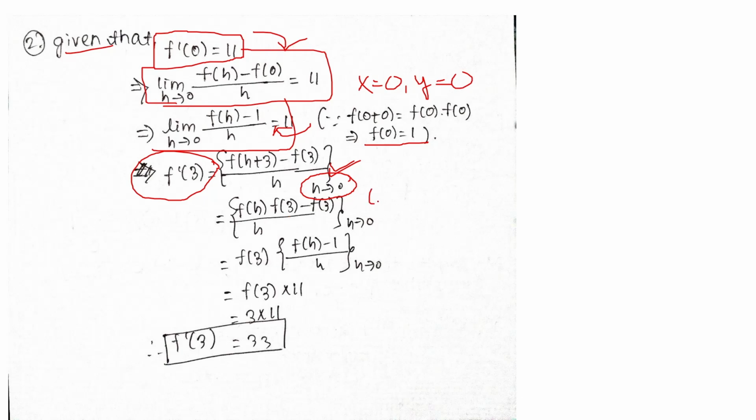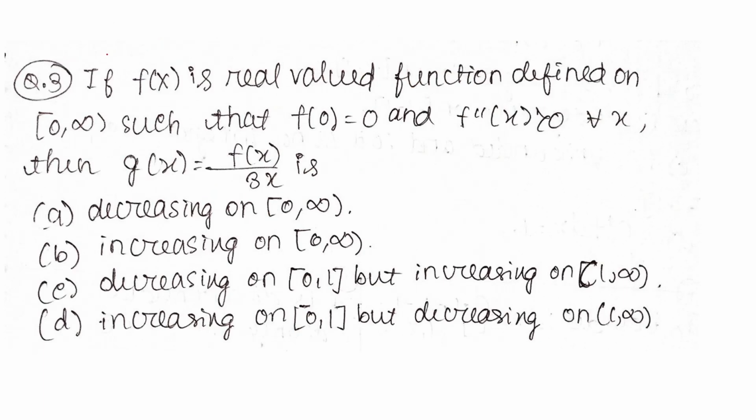By that definition of the function, f(x plus y) equal to f(x) dot f(y), that follows. Taking out f(3) here and multiplying, this is a very basic question. So by that, we'll get f dash of 3 equal to 33. Very straightforward question. Go to the next question.